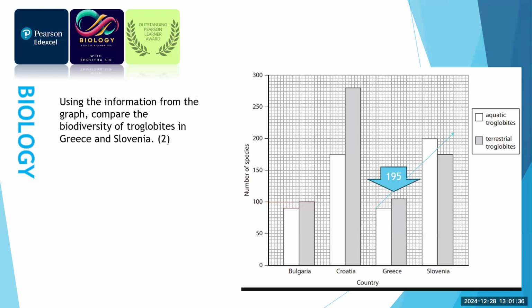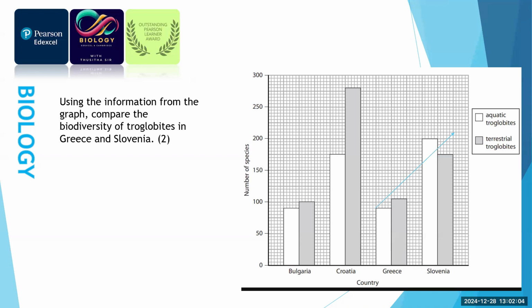Using the information from the graph, compare the biodiversity of troglobites in Greece and Slovenia. So we are going to compare the biodiversity. As you know, biodiversity can be compared in many ways. One is the biodiversity index, the D value, which we can use to compare species richness.